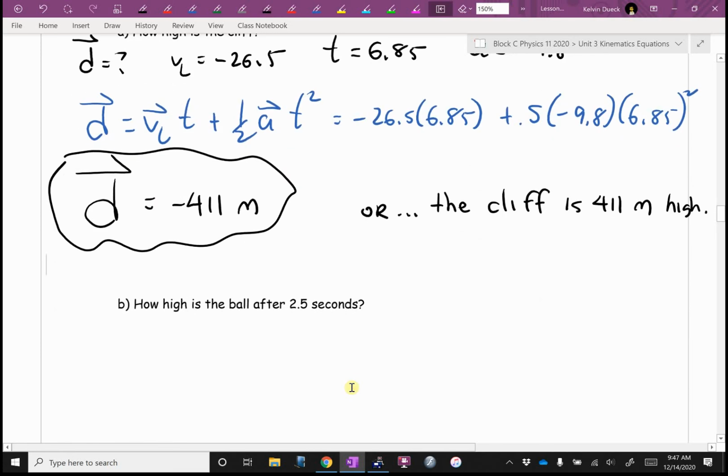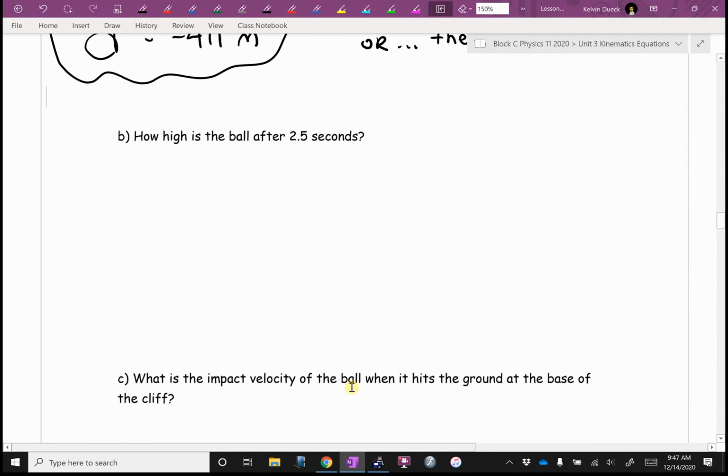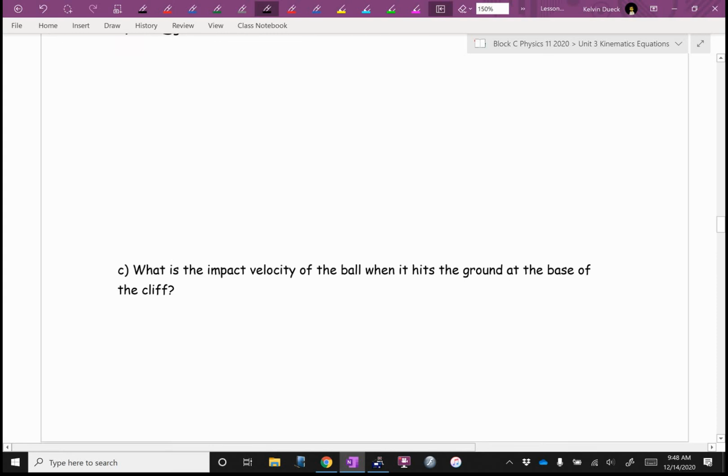B. How high is the ball after 2.5 seconds? We're going to skip B. We are going to do C, though.